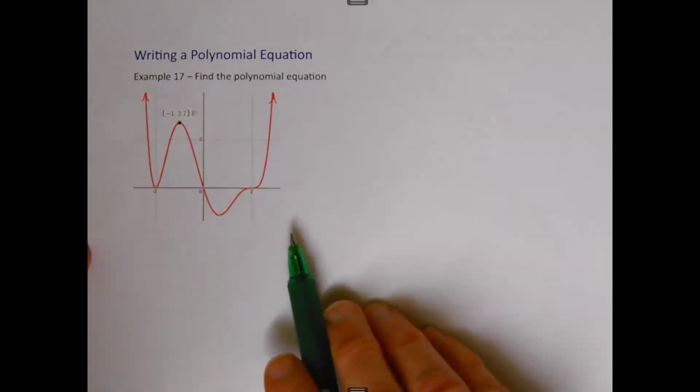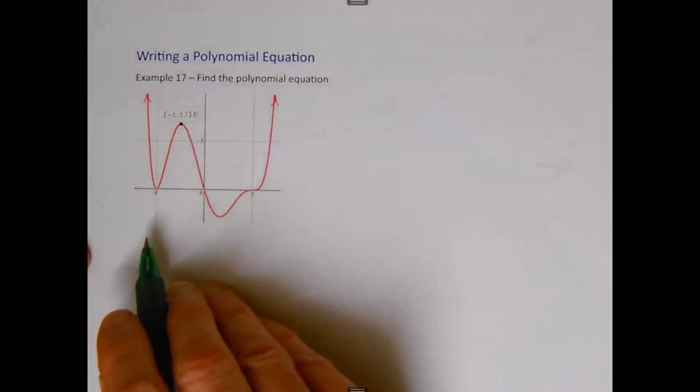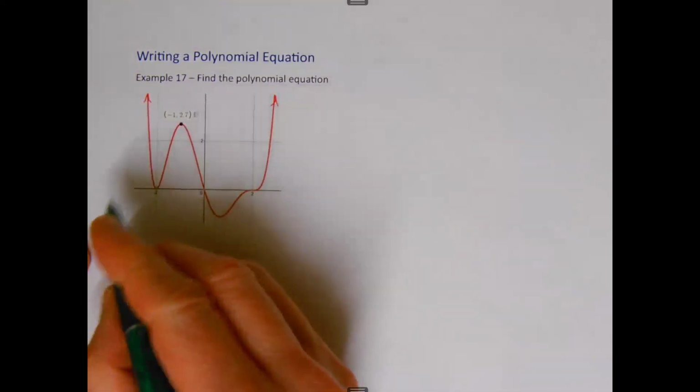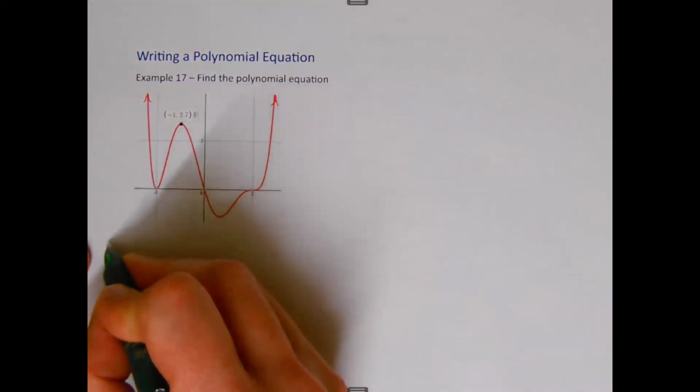Okay, suppose I want to write the equation of this polynomial. What I need to first do, or there's several things we need to do, but we can start looking at maybe the end behavior.